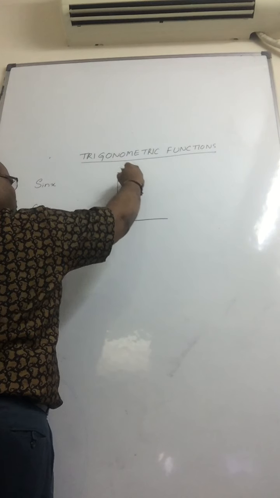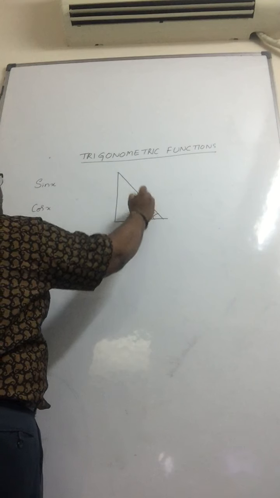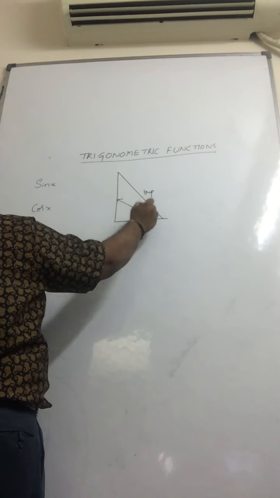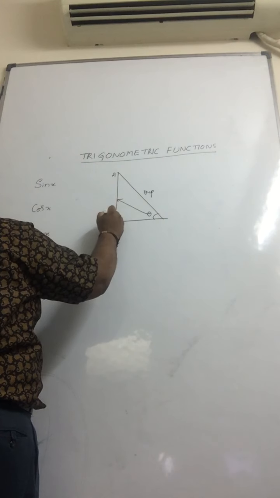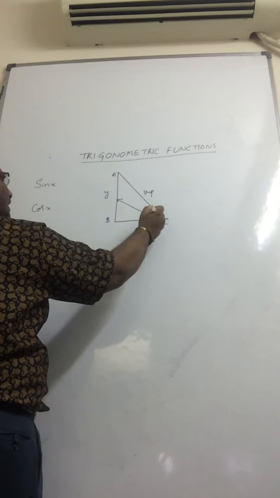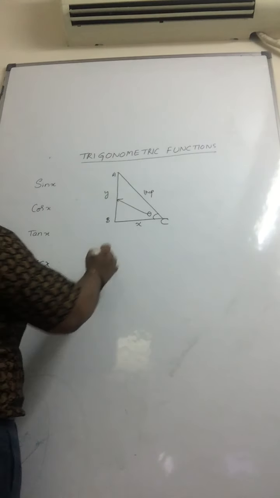So here, first, how they define trigonometric functions. Biggest side is hypotenuse, opposite to angle theta is the opposite side y, adjacent to angle theta is BC denoted with x.